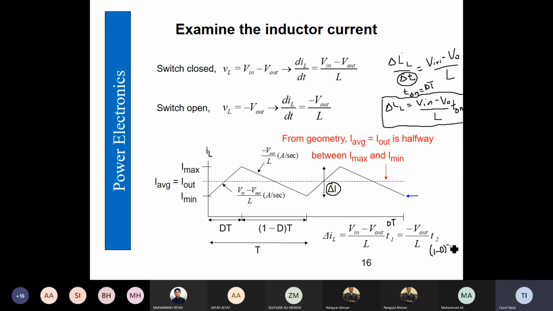So we can replace it as V out into 1 minus dT divided by L. Okay? So this ripple is peak to peak ripple, and it is the difference of I max minus I min.